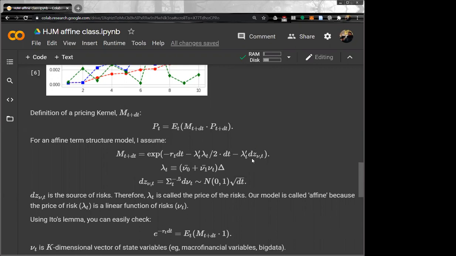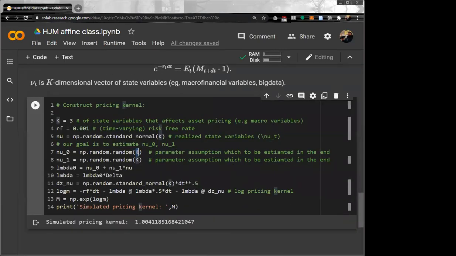The only part we don't know is lambda, and in lambda the only parts we don't know are nu_0 and nu_1, because nu_t is the data, macro financial data. So in this sense, the whole point of this affine term structure model is to estimate nu_0 and nu_1.